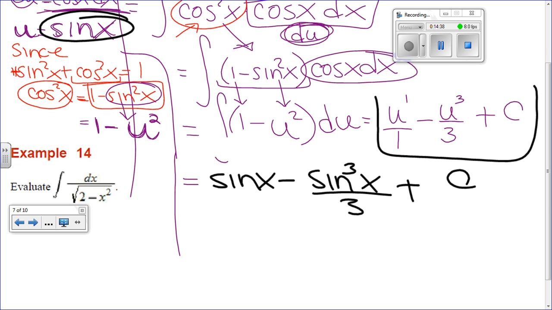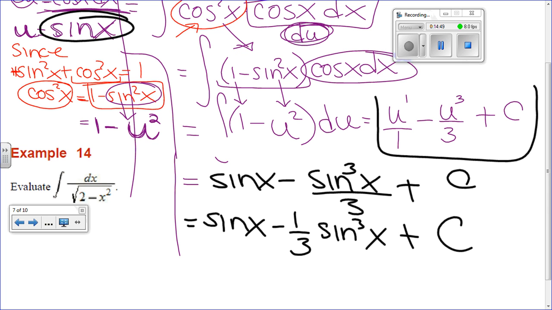And of course we could say that, or we could say sine x minus 1/3 of sine cubed x plus c. That's a constant, not a 0, plus c. Okay, and that is the answer to that problem.